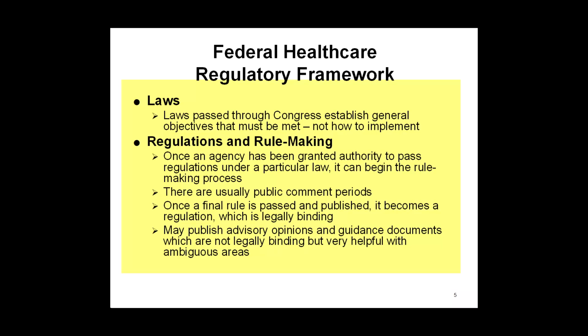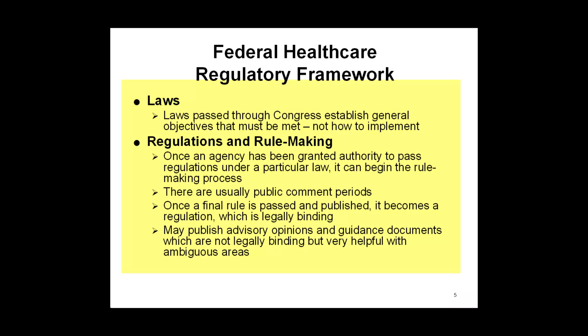When Congress passes a statute, it outlines broad objectives such as safeguarding patient privacy or encouraging digital transformation. Crucially, the statute rarely prescribes exactly how hospitals must comply. That responsibility falls to the executive agencies. Once an agency receives legislative authority, it launches a rule-making process.